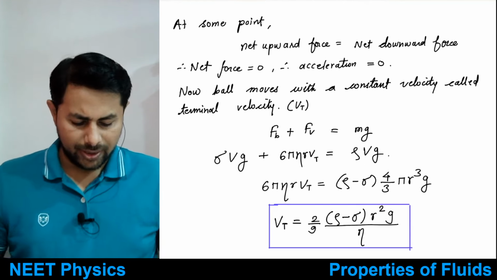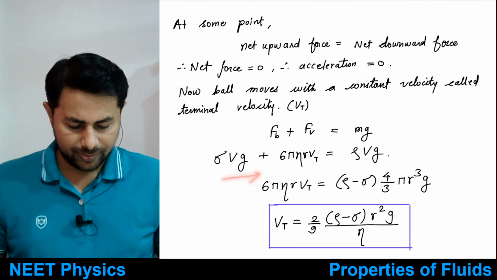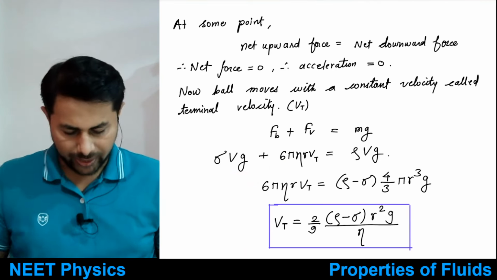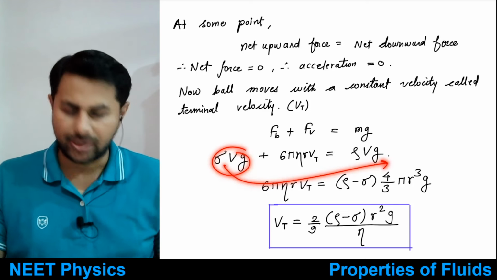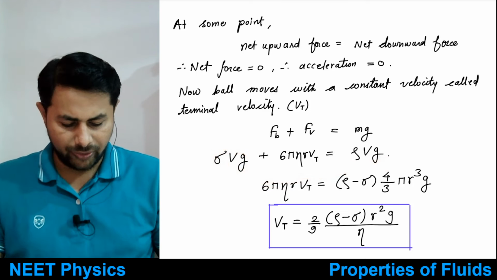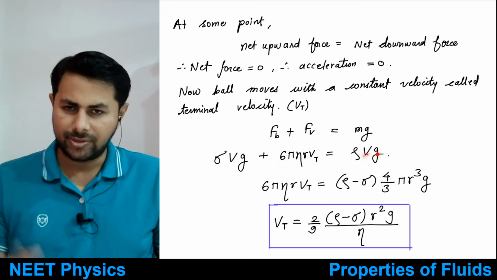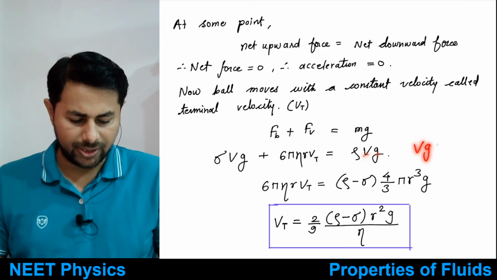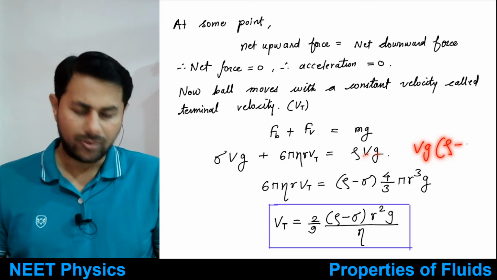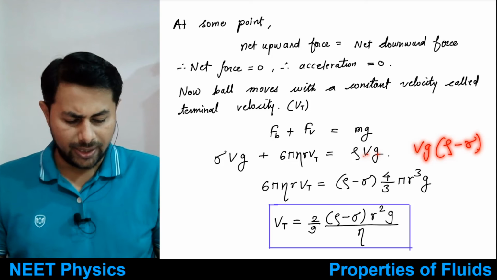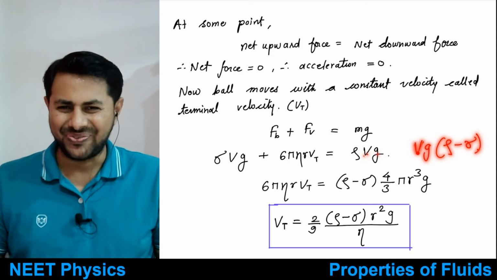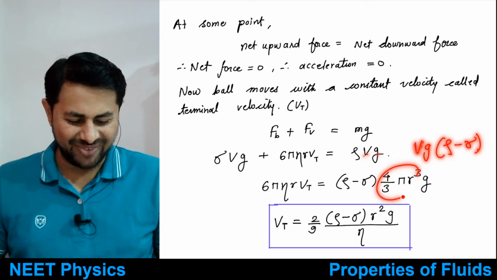Now we do some simplification. You can move this term to the other side. What do we get? You get 6 pi eta r vt equal to V times g, which you can take common, multiplied by rho minus sigma, and then you put the volume. Volume is 4 by 3 pi r cube.